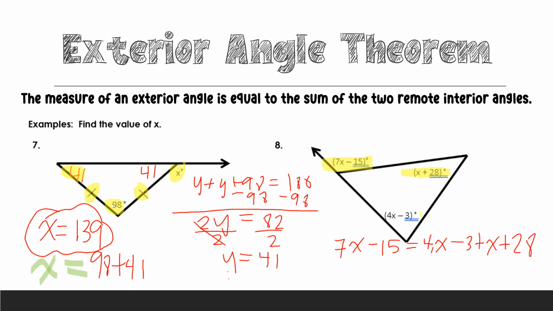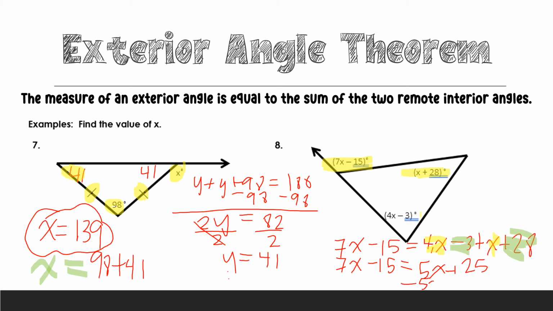So we're going to go ahead and simplify that. It's 7x minus 15. On the right side, we have 4x and x, which is 5x. And then we have minus 3 plus 28, which is going to be plus 25.